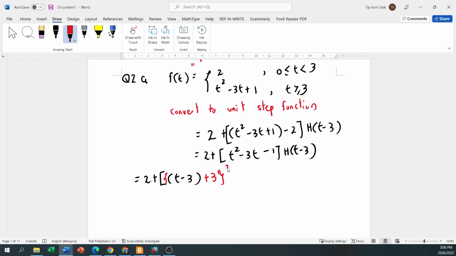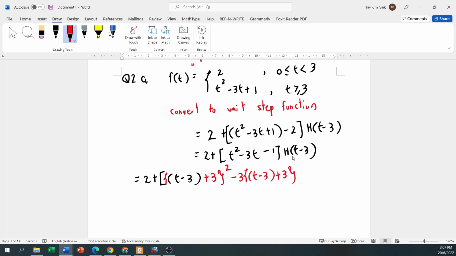And then you square it. So you see t minus 3, I minus 3, I need to plus 3 back. Okay, and then you see the curly bracket squared. So this one you get back is actually t squared. Same thing with the t here: you minus 3, you plus 3.